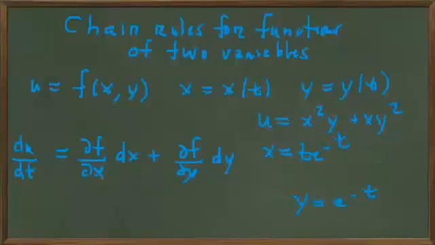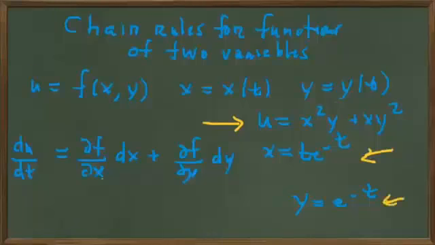So using this chain rule formula that we have developed here for du dt, we're going to apply it to this function u, a function of x and y, with x being a function of t and y being a function of t. So let's calculate the partials and the derivatives that we need.